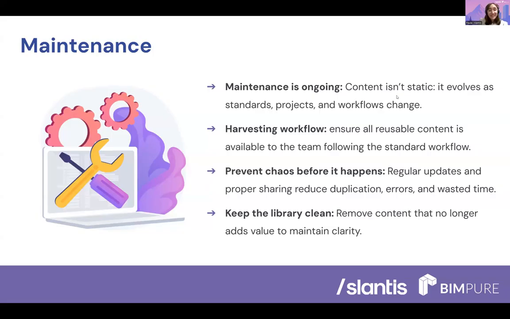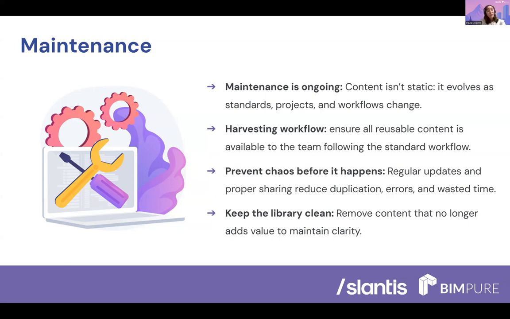Content isn't static, it evolves, it has different standards. It evolves with projects, like maybe someone took a piece of content and realized that it is not usable for, I don't know, the latest code update. So this has to be ongoing, and someone has to take care of it also. So yeah, I'm going to show you that in a bit.